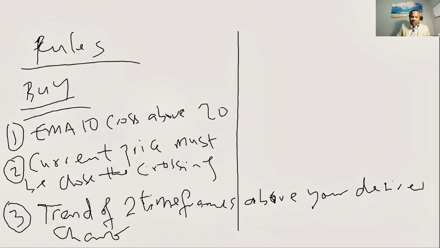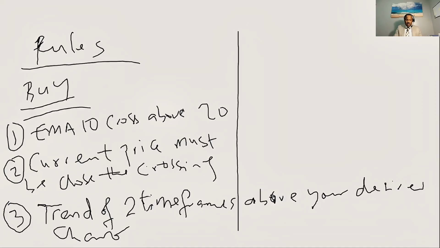This condition 3 is that if you are trading on M30, for example, after M30 you have H1, after H1 you have H4. So it is good for you to check the trend of H4, even though you are trading on M30.